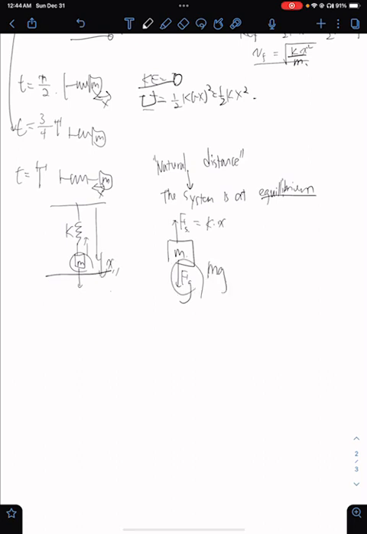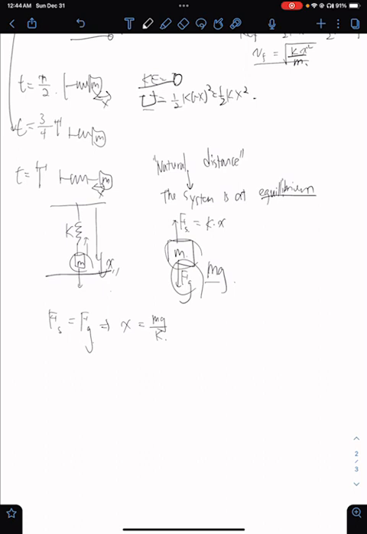For the system to be in equilibrium, the net force acting on this block has to be 0. So the force of the spring will be equal to the force of gravity, so the distance x would have to be mg over k.